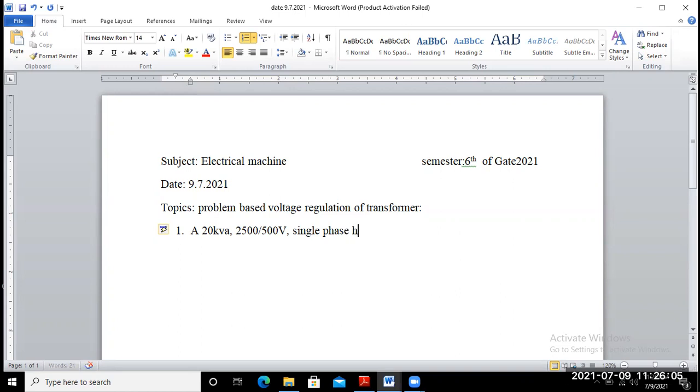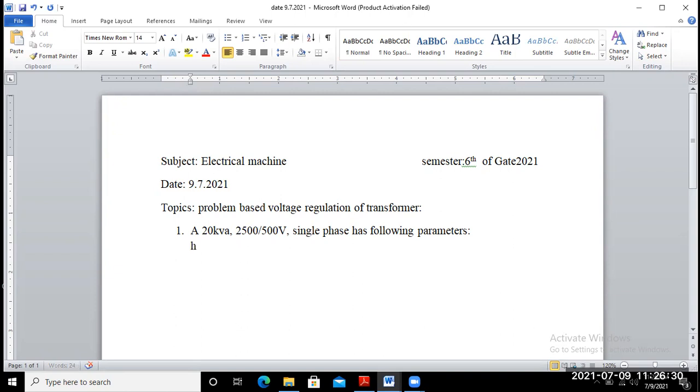has the following parameters. HV winding parameters are given to you.